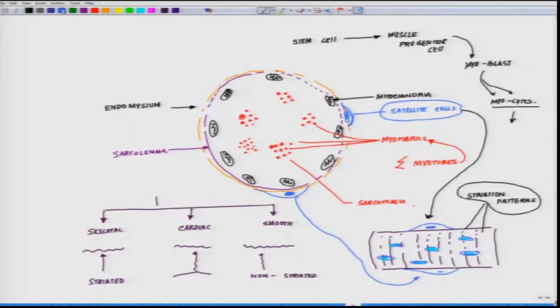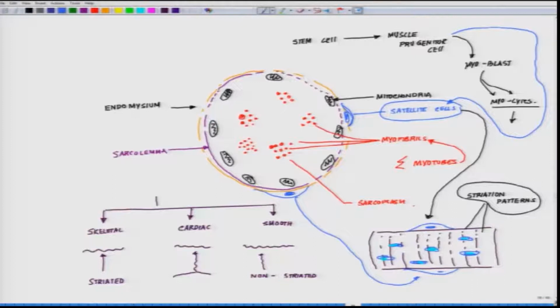Yet there is some population of these muscle progenitor cells which do not differentiate and remain in close proximity of the muscle. These are called the satellite cells.